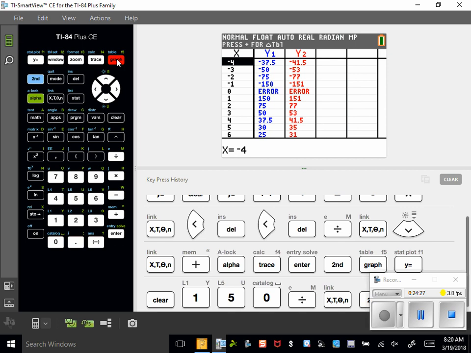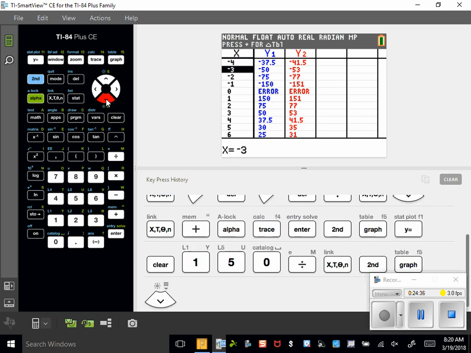What was my B term again? My B term was 25. Okay, so I might have to cursor down a little. All right, so there's 25.